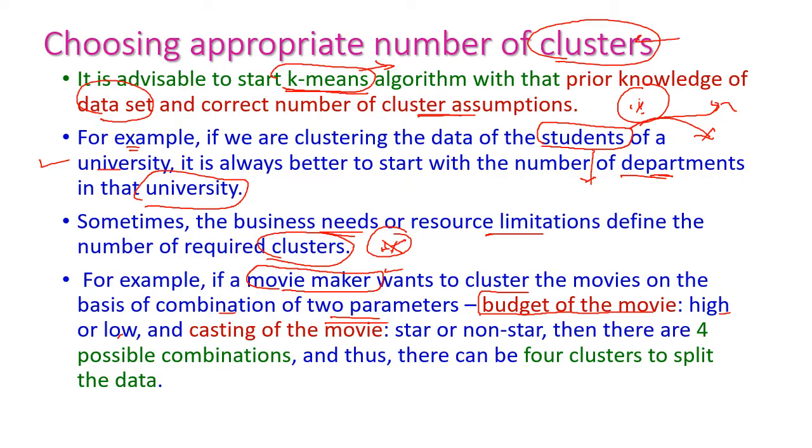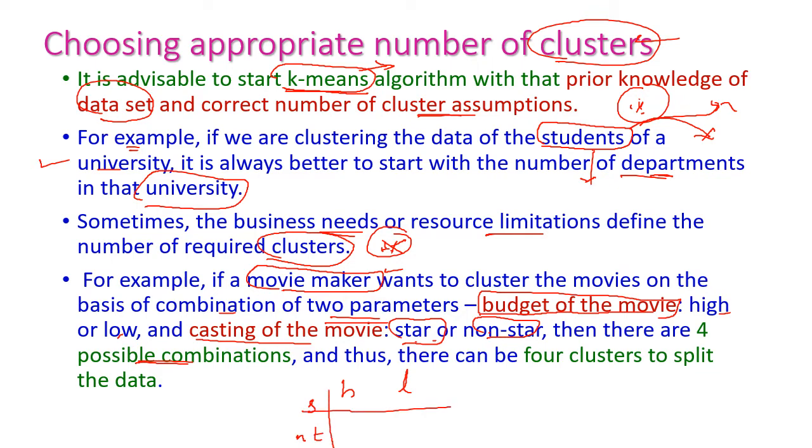Based on the budget of the movie, there are two clusters. And the casting of the movie, that is star or non-star. Based on the casting, there are two clusters. So totally there are four possible combinations: high budget, low budget, and star, non-star.